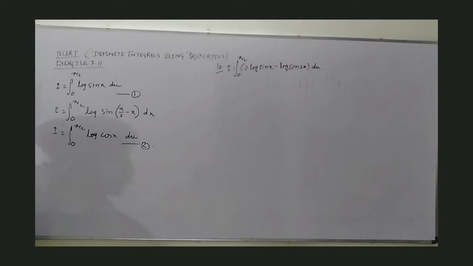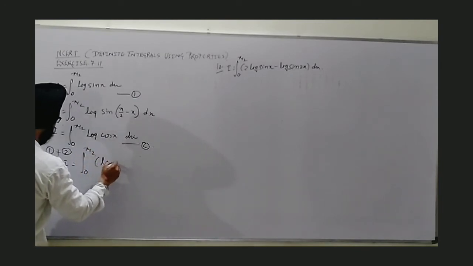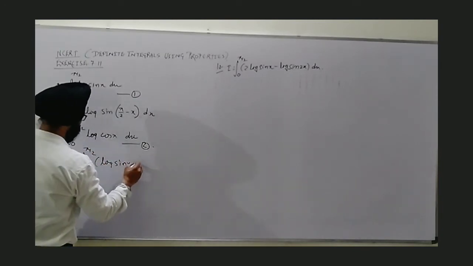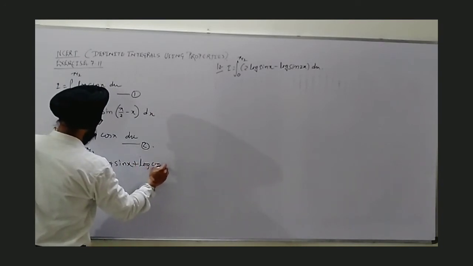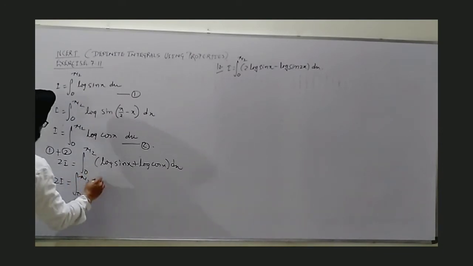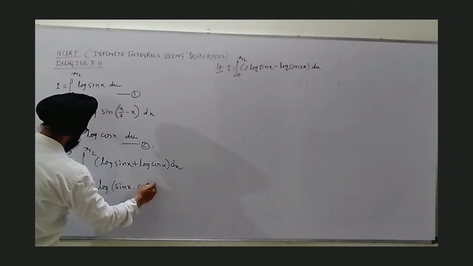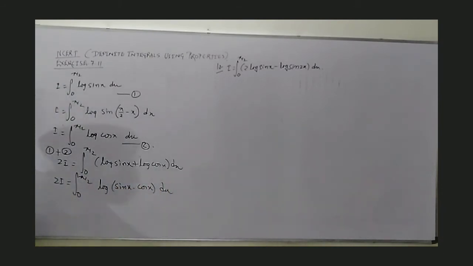Call it 2. And as usual, applying property number 5, the original function and the result are added. So 1 plus 2 gives us 2I equal to integral 0 to pi by 2 of log sin x plus log cos x dx. Applying the properties of log, we get 2I equal to integral 0 to pi by 2 log of sin x into cos x dx.